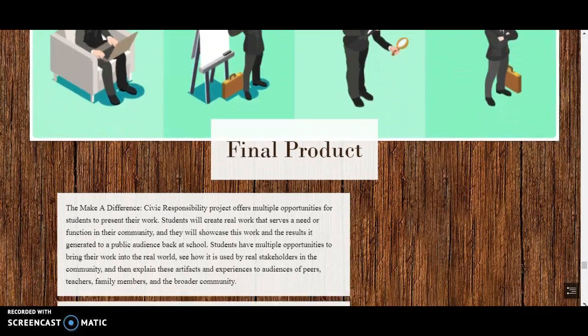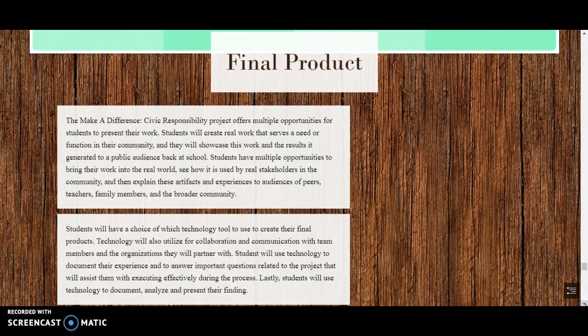The final product. Students had the opportunity to choose from a number of technology tools for their final product. The project offered multiple opportunities for students to present their work. Students were able to create real work that serves a need or function in the community, and they would showcase that work and its results to a public audience back at school.